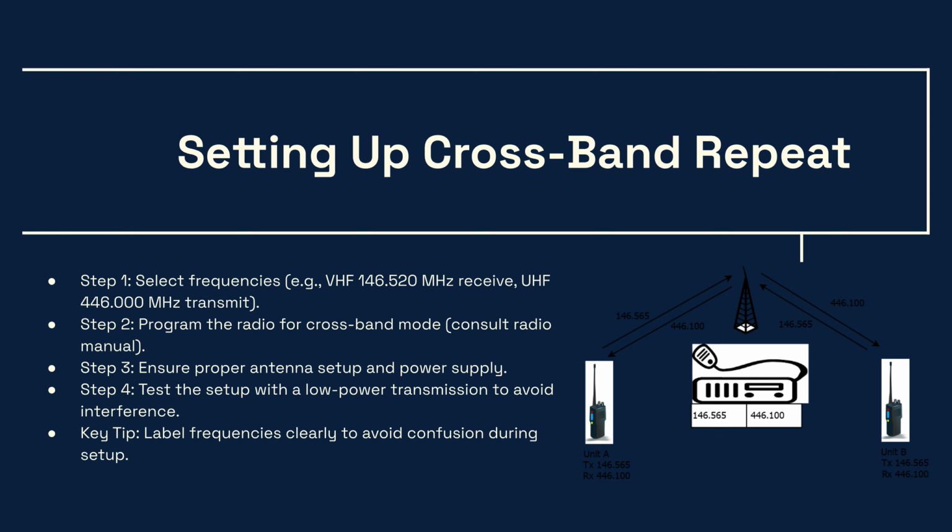You might have to refer to your radio manual to set that up. Ensure proper antenna setup and power supply. Test the setup with low power transmission to avoid interference. A tip is to label the frequencies clearly so you know which ones you have pre-set up to do crossband repeat.